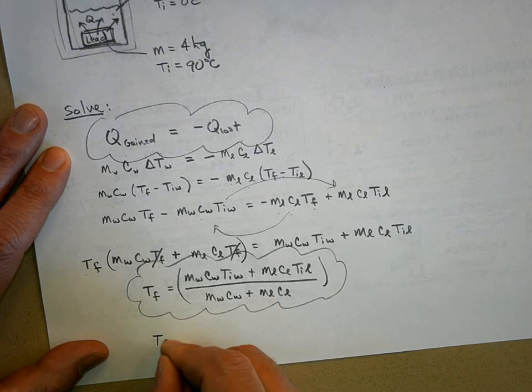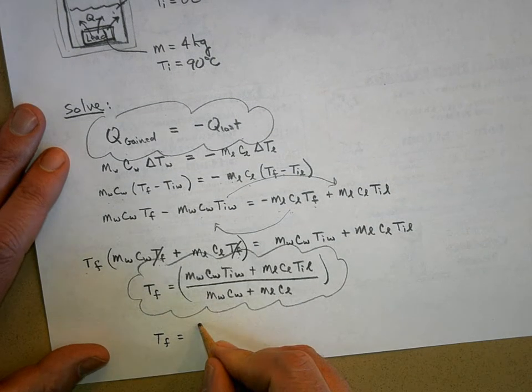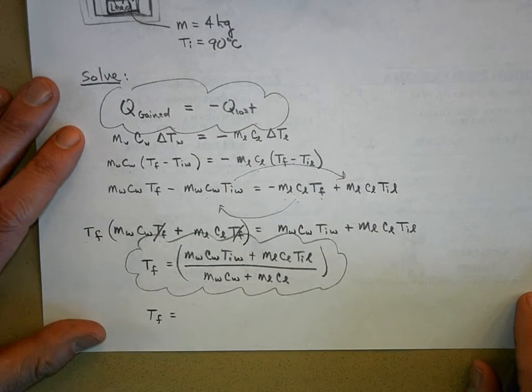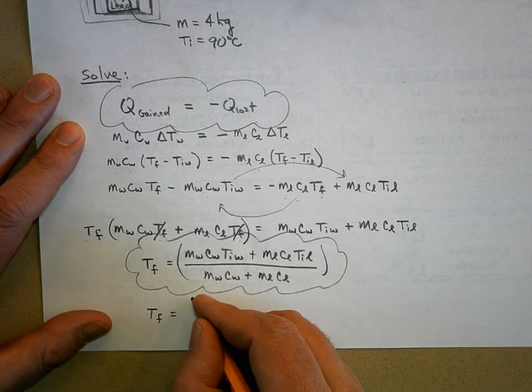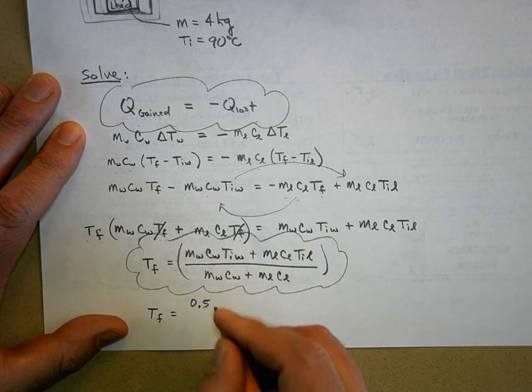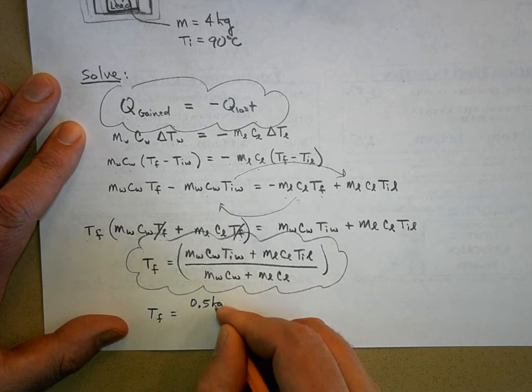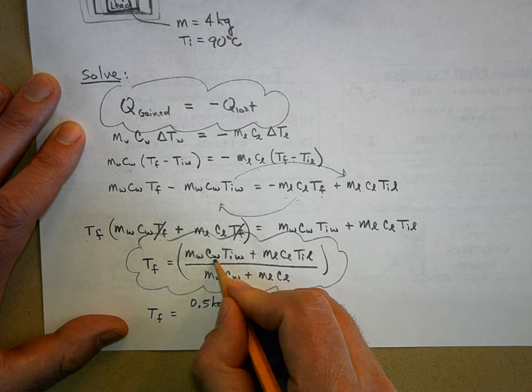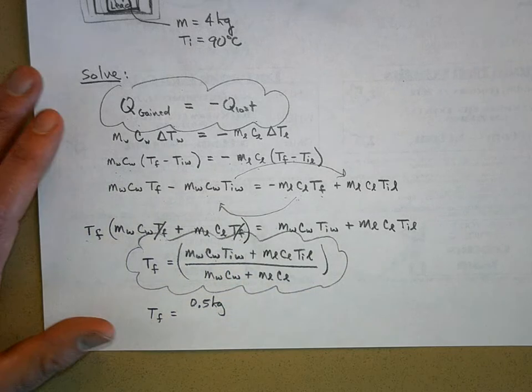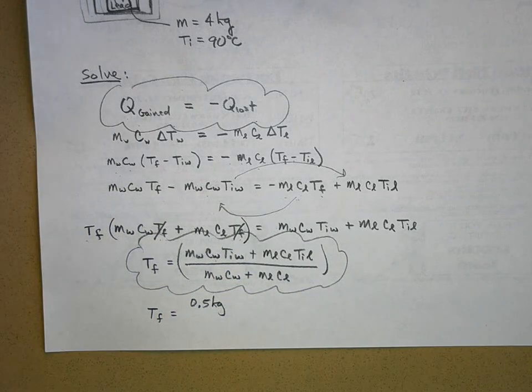Well, the mass of the water was given to be 0.5 kilograms. The specific heat of water, well, you have to look that up. And in your book on page 279, table 12.9, they list the specific heat capacities of all the materials.